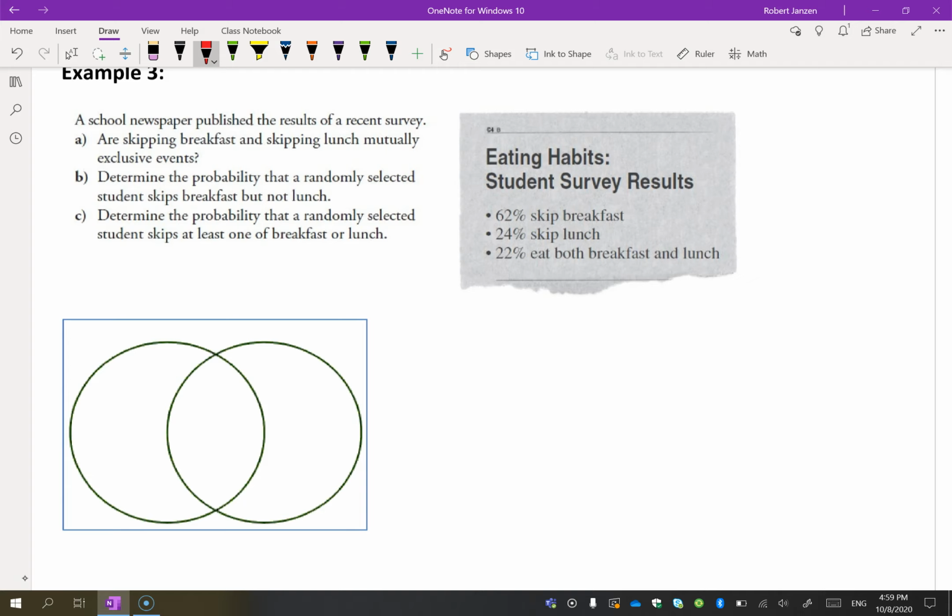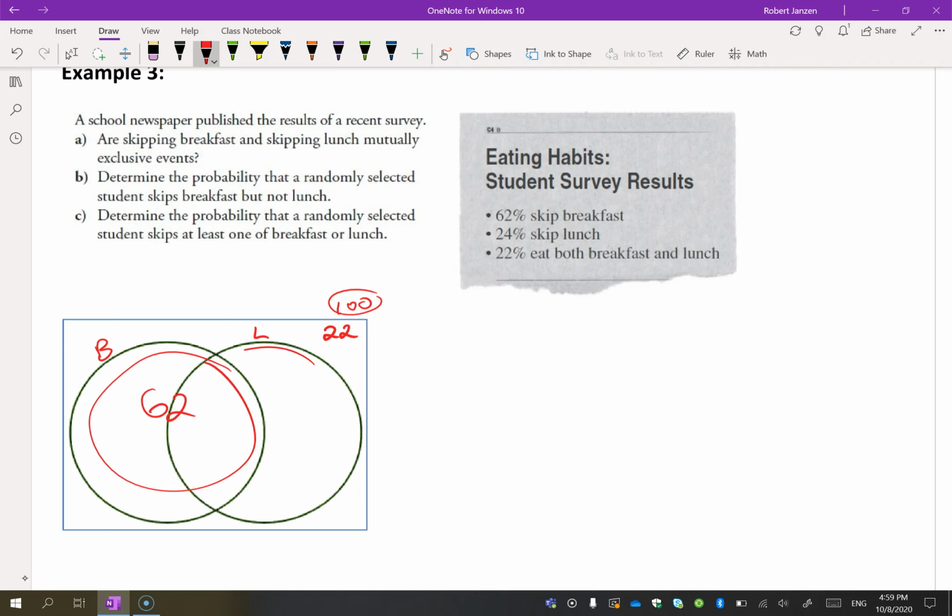Well, 22 doesn't fit. This is like they're outside. Okay? And since this percent is out of 100 total. Okay? And then it says, I'm just going to write this in here. So if we skip breakfast here and skip lunch here, we know that 62 are in this circle.